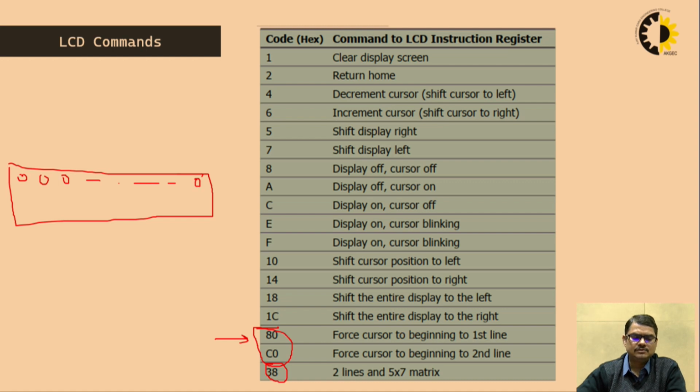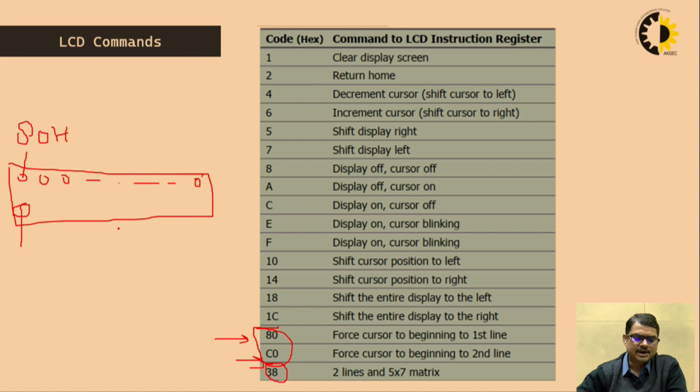The address of the first character in the first line is 80H. So if we want to display our character in the first line and the first position, then we need to give the address 80H. Similarly, if we want to display our character at the first position of the second line, the address of the first character in the second line is C0H.